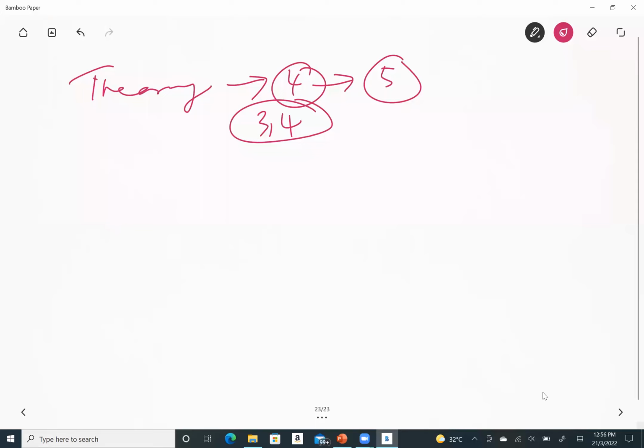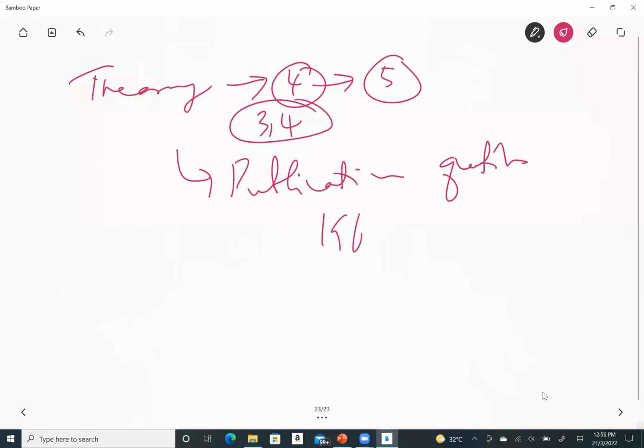Now we know the publication of the data has improved. The quality has improved. In 1960, this is my age. I was born in 1960. You see the data is not so good.